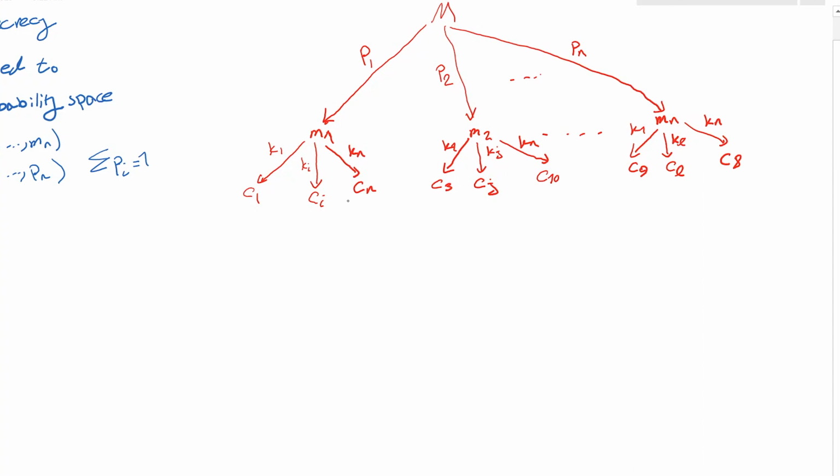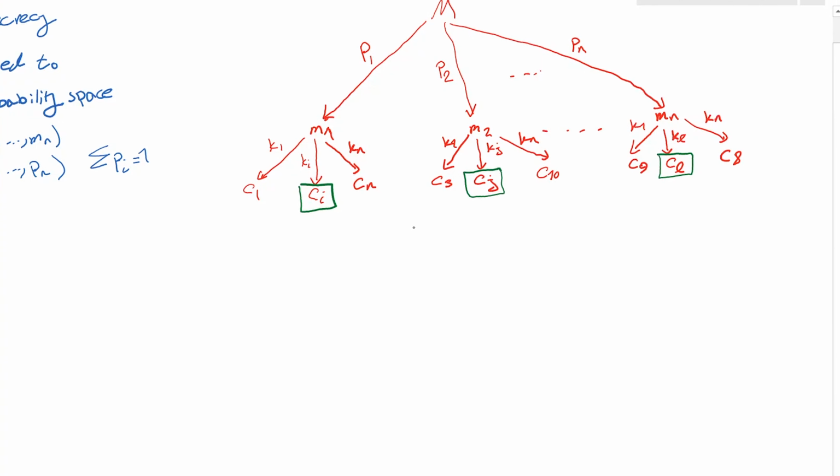So we won't have repetitions over here. But because we are iterating over the same values of the ciphertext, some of these ciphertexts would happen to be equal to each other. That is, CI is going to be equal to CJ, and that is going to be equal to CL, right?